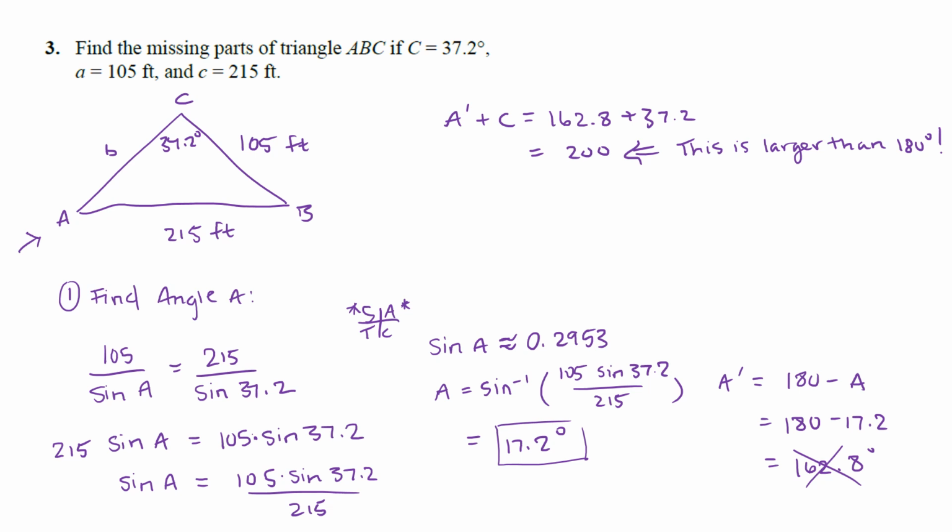Okay, so we're only going to have one triangle that fits these conditions. All right. So let's now continue the process, keeping A as just 17.2 degrees. So now we need to find the angle B, and we need to find the side length b.